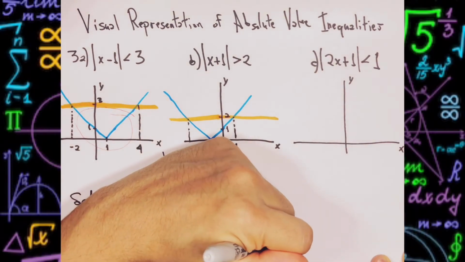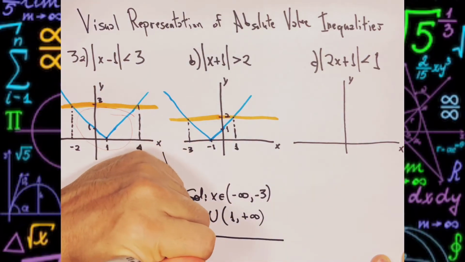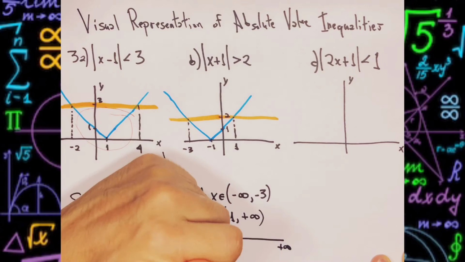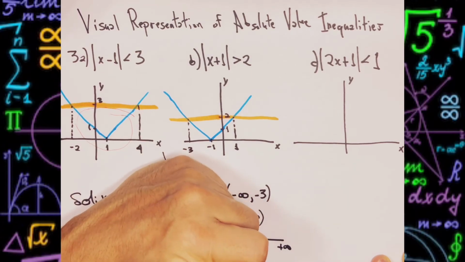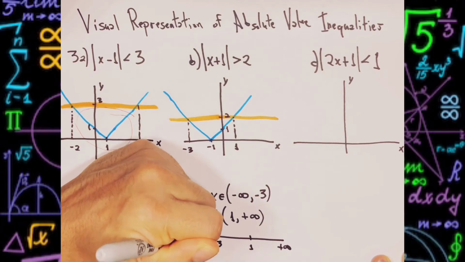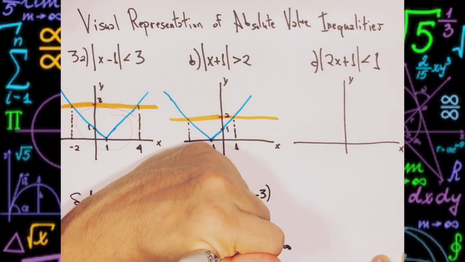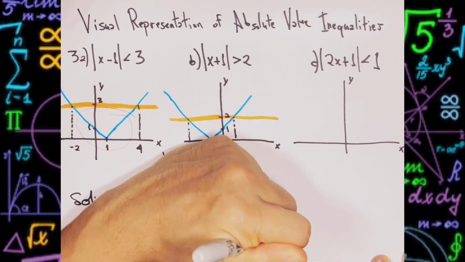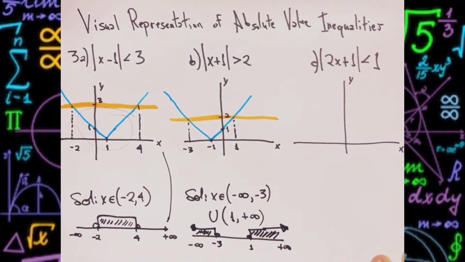That was the solution that we had before. We did that on the real line of numbers, minus infinity to plus infinity, choosing two random points to represent -3 and 1. All numbers to the left of -3 were part of the solution, as well as all numbers to the right of 1. And once we refer to the original problem, which is comparing the absolute value of x plus 1, when is it greater than 2?